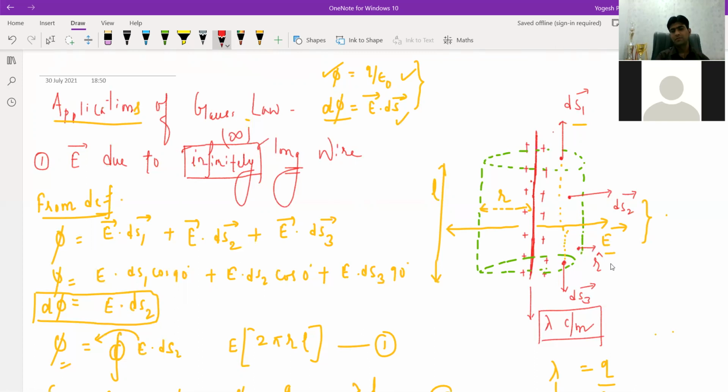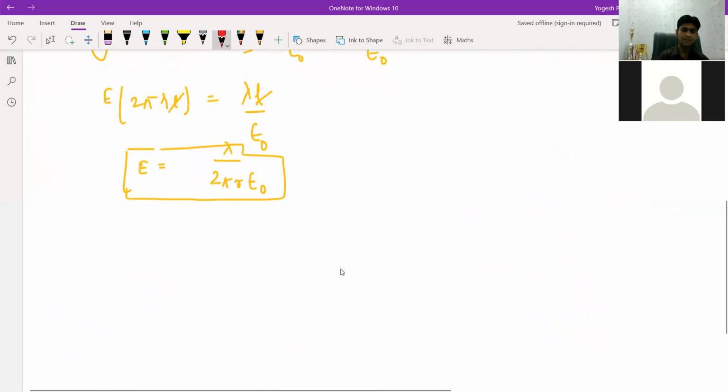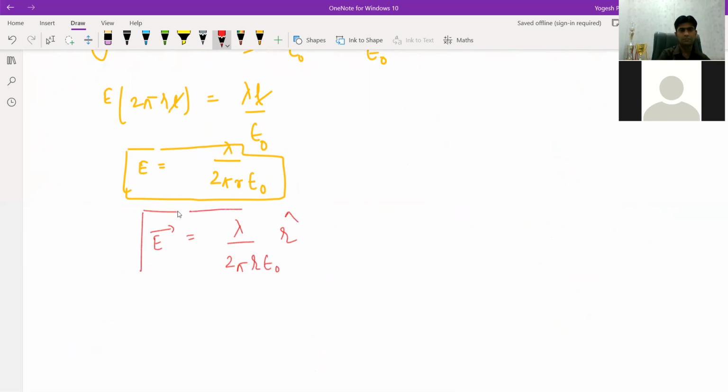We took r cap as the unit vector. So you can write E vector is equal to lambda upon 2 pi r epsilon naught r cap.